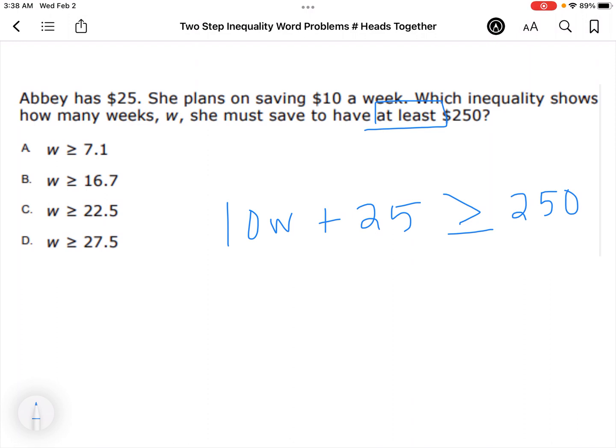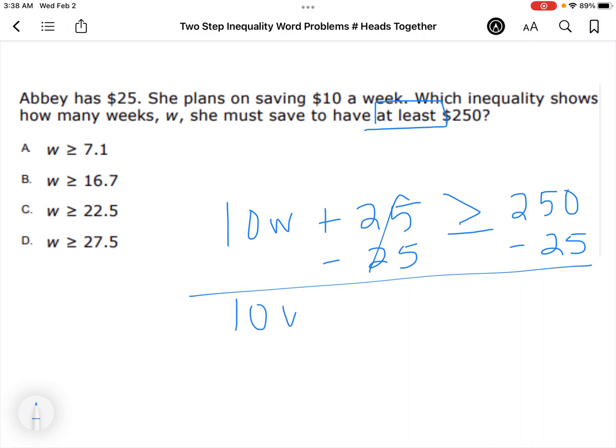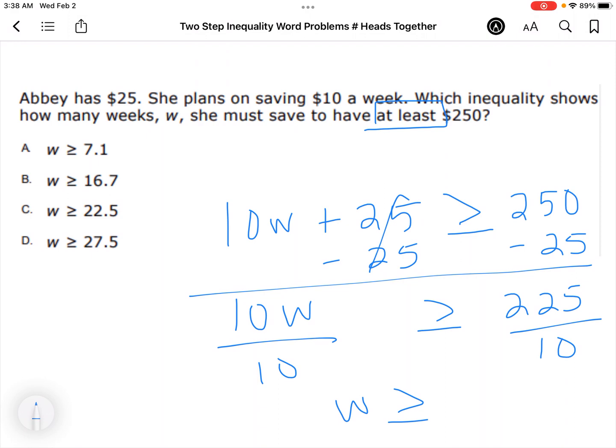So I'm going to subtract the 25. So she has to save for 22.5 weeks or more.